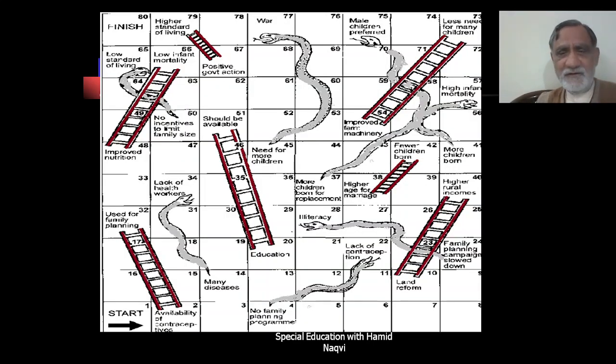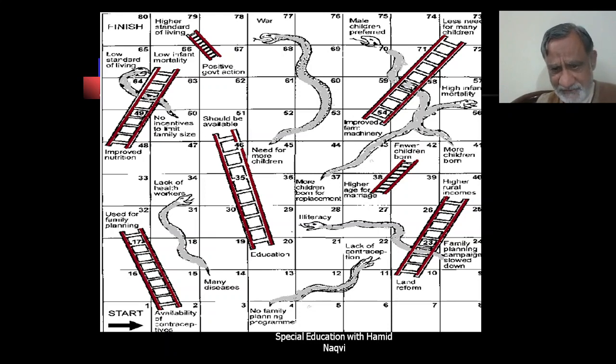You can see this. I have zoomed it, and we can read the whole Ludo. Down below, first in square 2 is where the ladder starts: availability of contraceptives. Then again we find a ladder at number 10, land reforms.